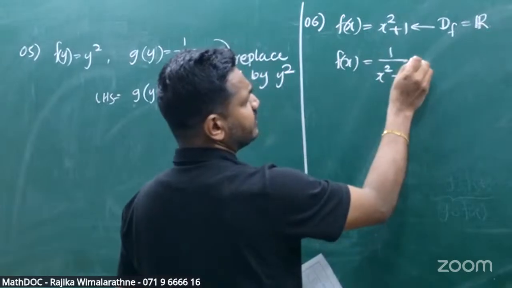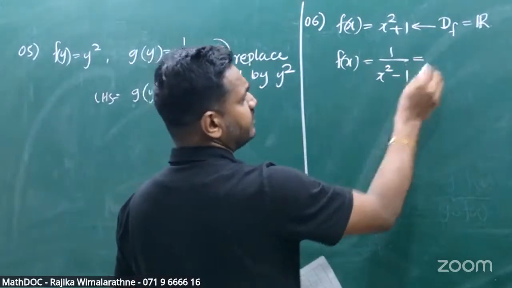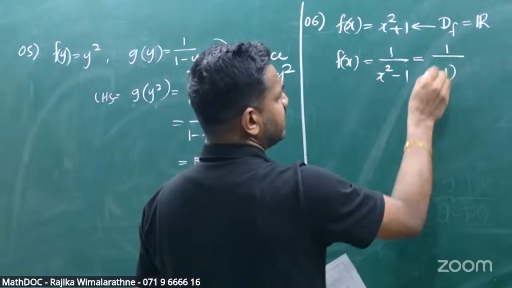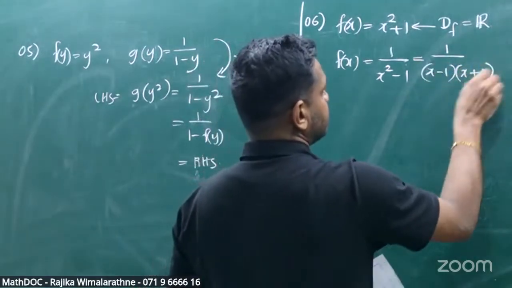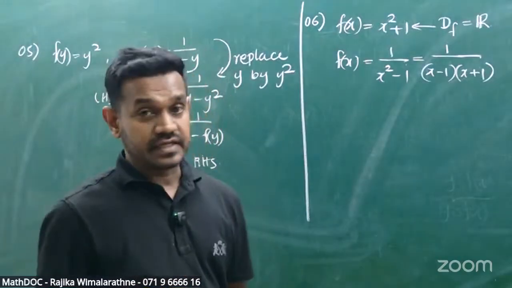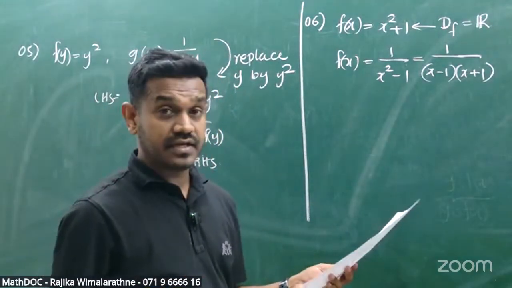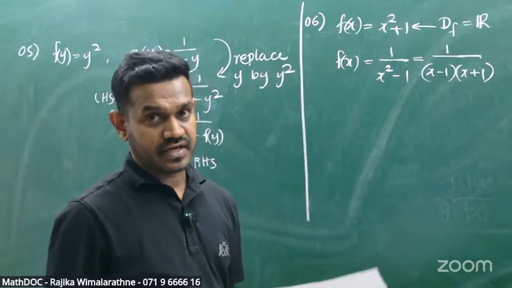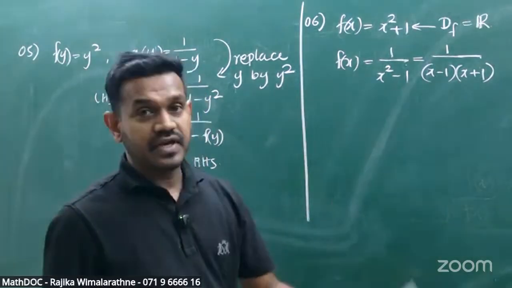Next, f(x) = 1 over x squared minus 1. This is a rational one. You factorize the denominator first: x minus 1, x plus 1. So at the beginning, you have to factorize the expression. If you have a denominator, definitely you have to think about the denominator factors. Then you remove the denominator zeros.